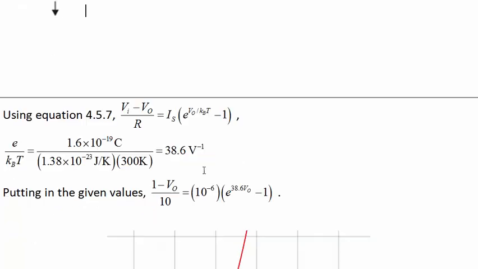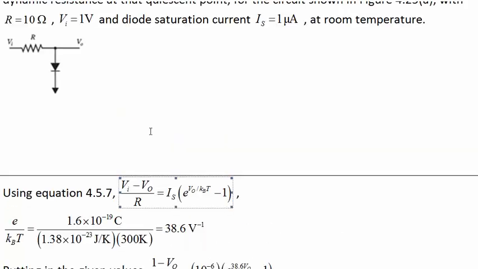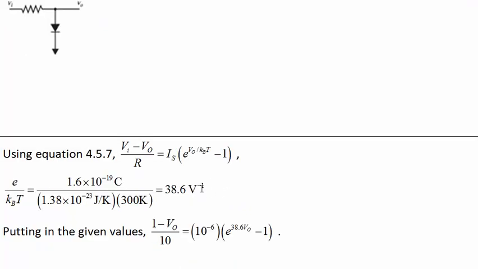All right, so by combining the current through the resistor, saying that that's the same as the current in the diode, we've got this equation, and then you can substitute in your numbers here: E over kBT, 38.6 per volt.